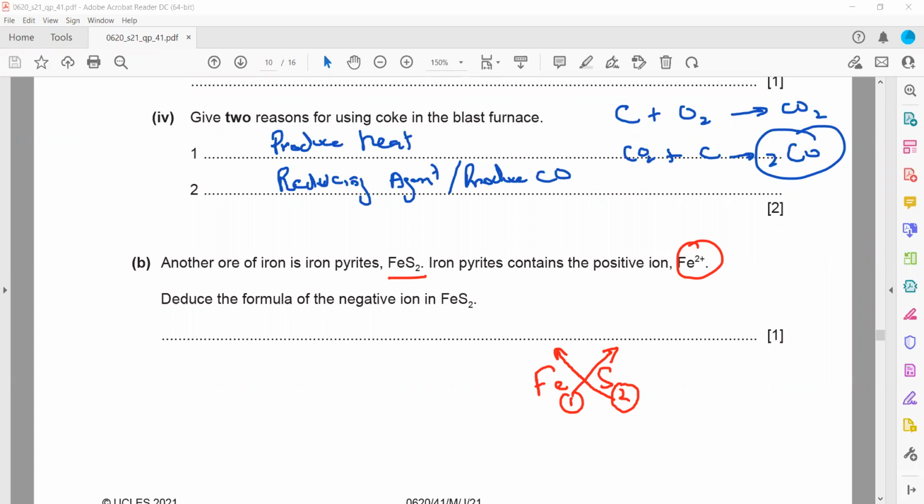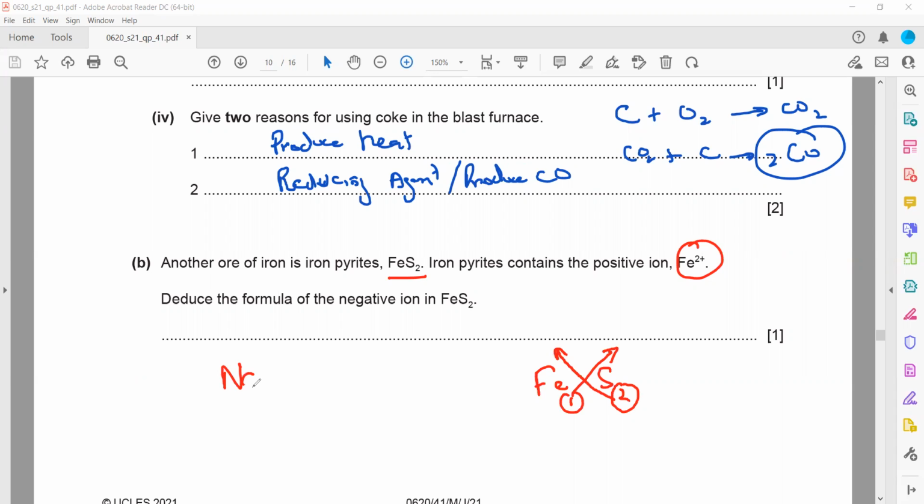So according to this formula, if it is FeS2, what should be the valency of the sulfur? It will be -1, because this is how we identify the valency in a compound.